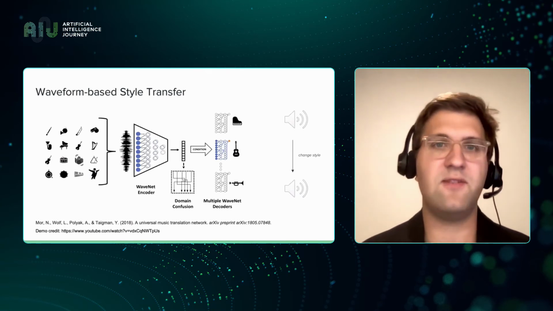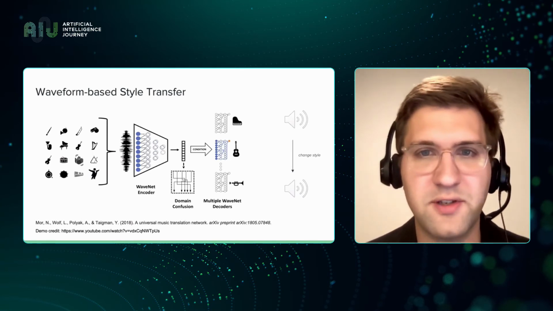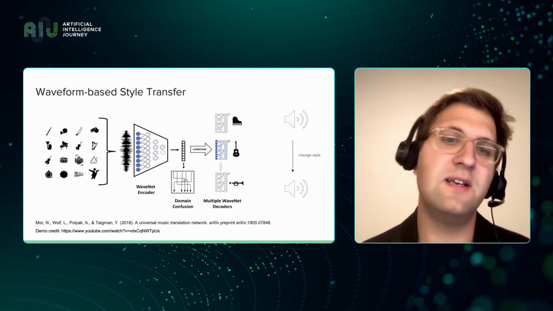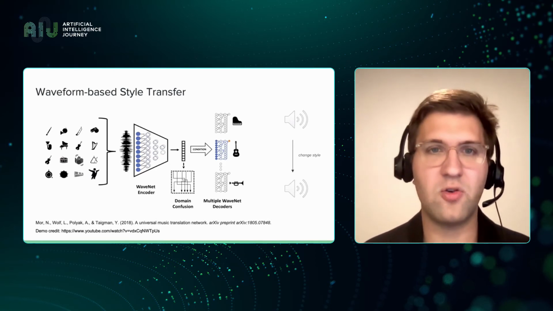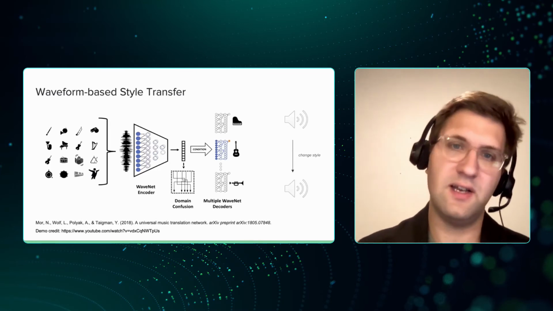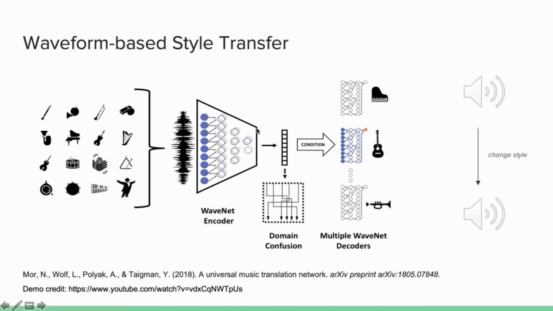Another aspect of style transfer is done with the help of this architecture. It is called Universal Music Translation Network, and here we can find some familiar elements. This network is an encoder-decoder network as well, but as an encoder, they use WaveNet architectures that work with the raw signal.